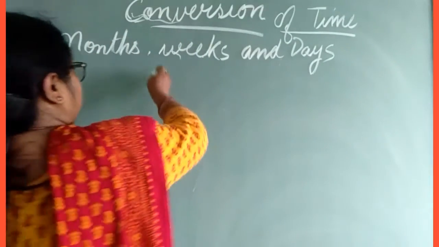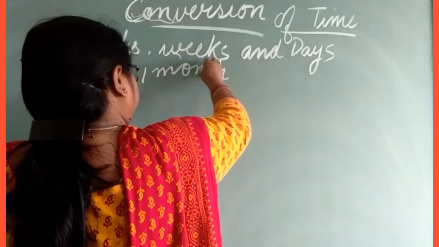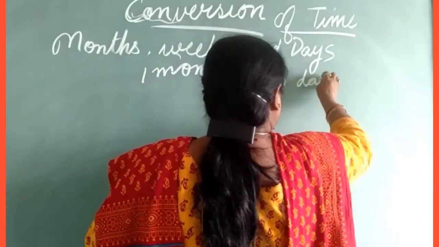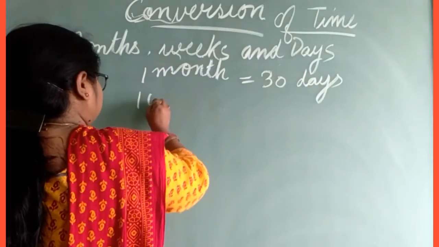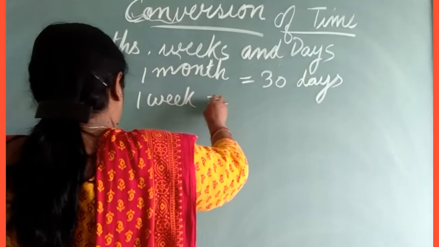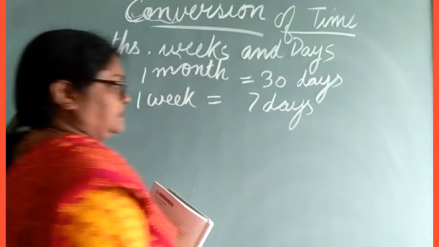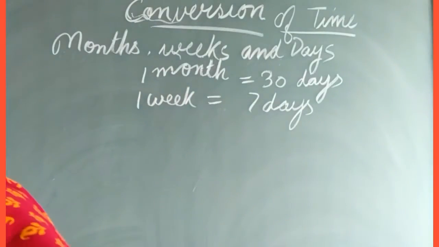So 1 month equal to 30 days, and 1 week equal to 7 days.